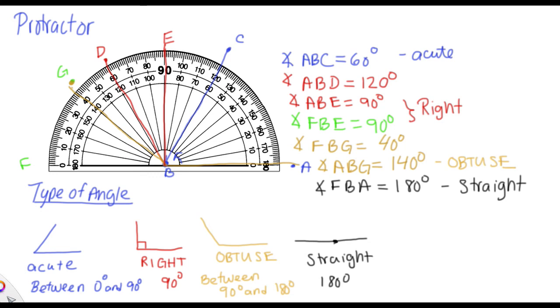And a reflex angle would be an angle greater than 180 degrees. So for example, this would be reflex. That's between 180 and 360.